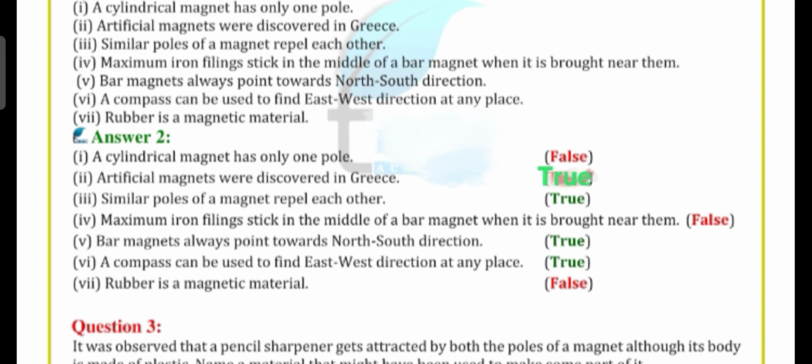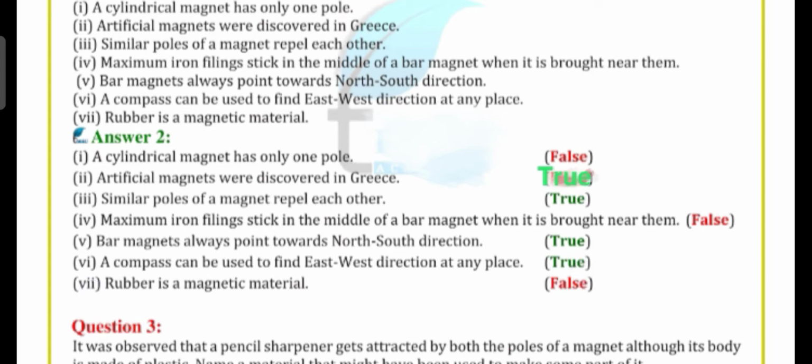You are familiar with the compass. We have seen the image of compass, and this compass is used to find out the directions. So we can find out any direction, north, south, east, west or anything. Okay, so it is true.